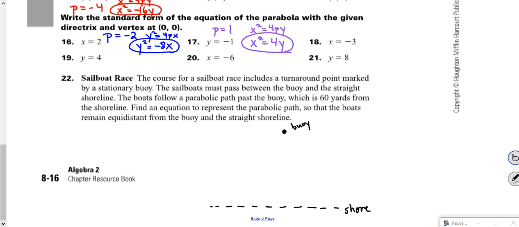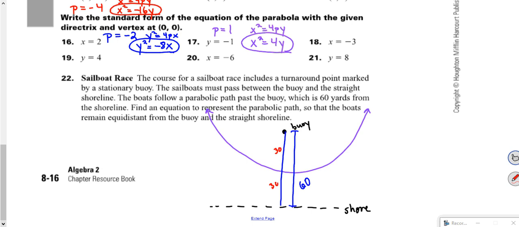The sailboats are supposed to come in and go halfway between the buoy and the shore. This whole distance, they told us, from here to here was 60. What that means is that this half is 30 and this half is 30.